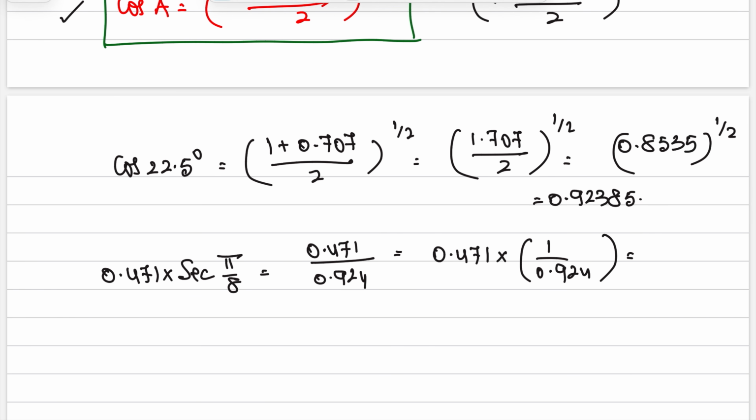That is equal to 0.510. That means this value is greater than 0.5. That implies this value is greater than half.